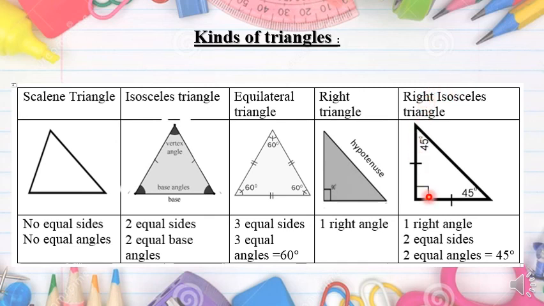It has a right angle, two equal sides and two equal angles, each of measure 45 degrees. Don't forget that the longest side, which is opposite to the right angle, is called the hypotenuse.